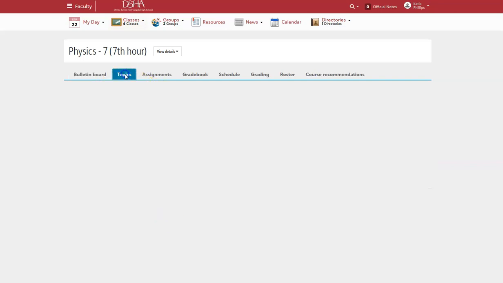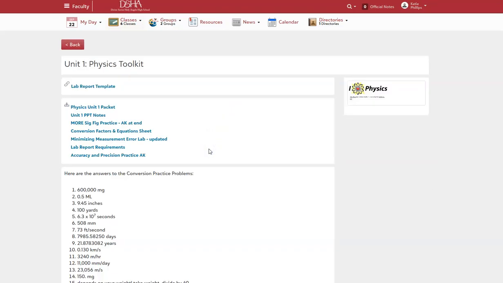If you go to the topics and go in Unit 1, there is the lab report template, which is pretty empty, but it does have the headings there for you and the rubric. And then there is the lab itself, which has all the directions and the formulas.